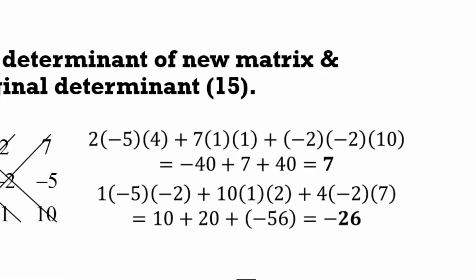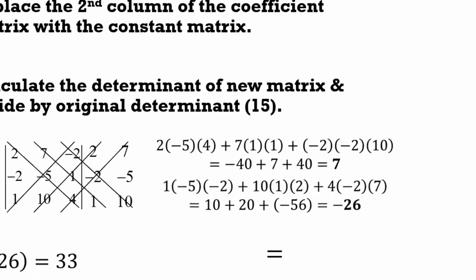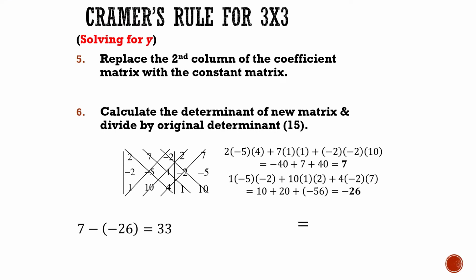So to finalize our determinant of y, the leading diagonals gave us 7, and the other diagonals gave us negative 26. And so 7 minus negative 26 gave us 7 plus 26, which is 33.